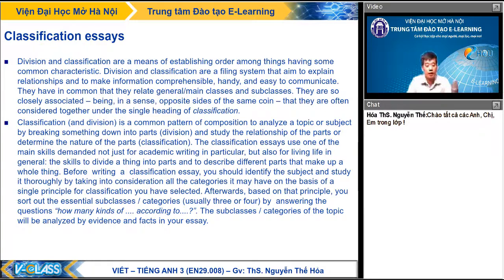Usually you may write 3 or 4 categories, those are enough. Because with more categories or more subclasses, you have to write more. So within an essay, I think you should try to write only 2 or 3 or 4.